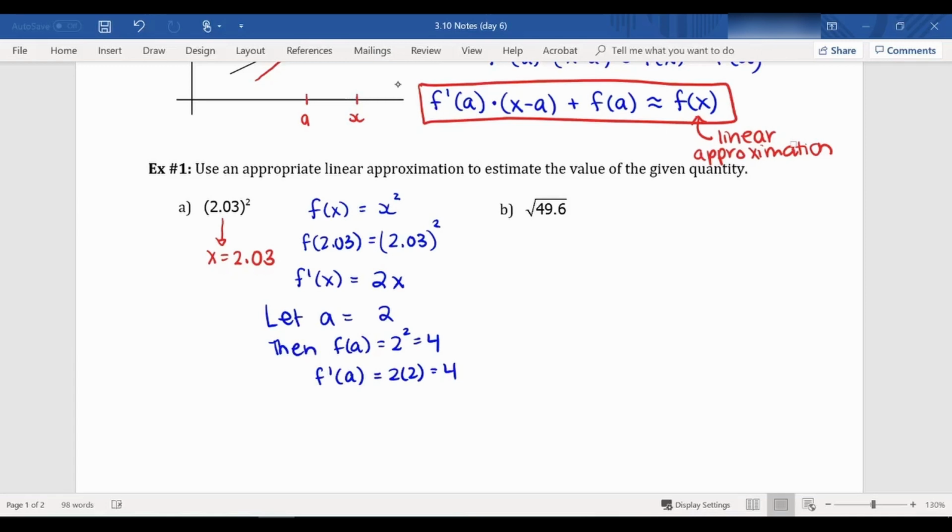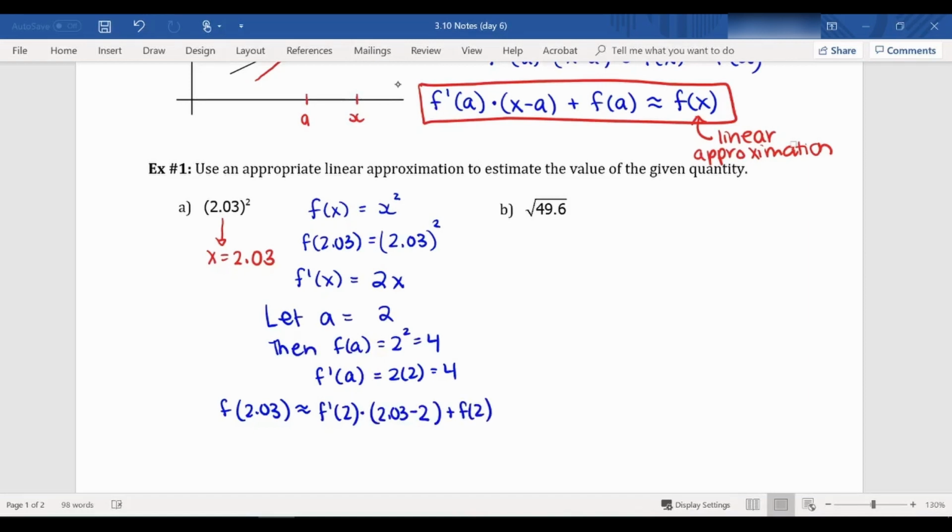And therefore, we can approximate f of 2.03. So f of 2.03 from our formula above is approximately f prime of a times x, which is 2.03, minus a, which was 2, plus f of a.